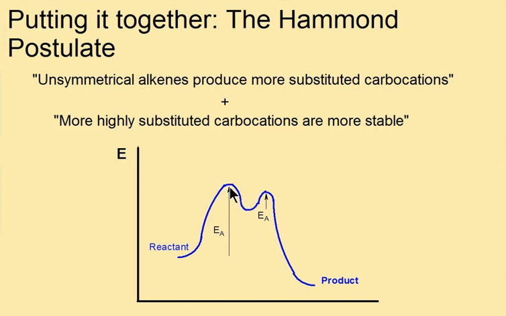We've got that transition energy in the first step and the transition energy for the second step, and that little lull in between, that's our intermediate, our carbocation. So let's split this reaction into two and look at the two steps as if they were two separate reactions.